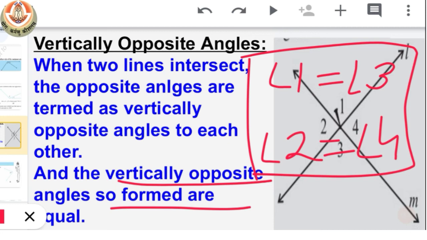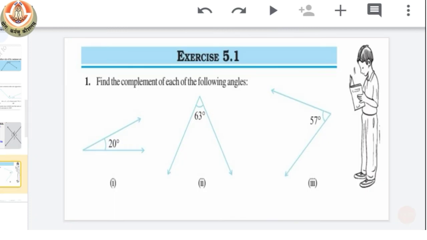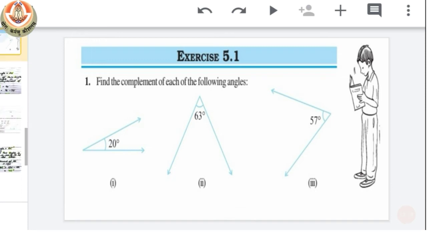Now we will do our exercise 5.1 on the basis of all three topics we have discussed so far. Our first question is: find the complement of each of the following angles. First of all, recall what complementary angles are. Complementary angles are those which, when we add them, give a sum of 90 degrees. Okay, so first we have angle 20.